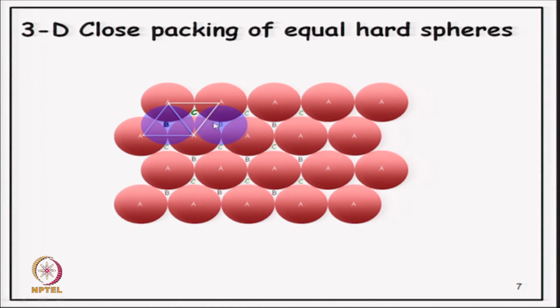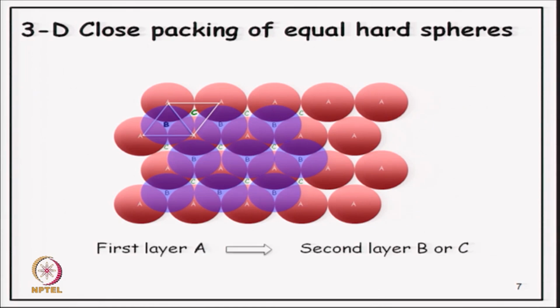So, if I keep placing spheres at all the B sites, I will again get a close packed layer of spheres, just like the A layer, only it is now above A and sitting on the atoms A. So, I have now two layers of spheres, A and B, packed as closely as possible.